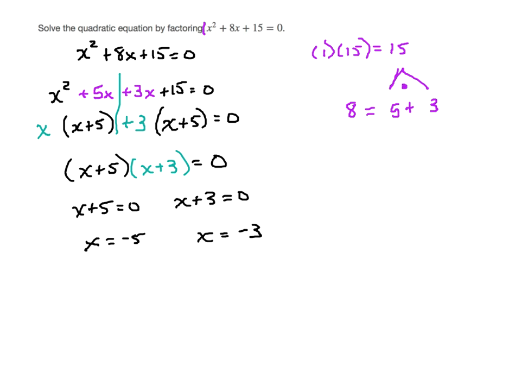That's just like, it's as if we had plugged in 0 for y. So that's why you get the x-intercepts when you solve a quadratic equation. You've always got to have your quadratic equations equal to 0 to solve them, unless you're using the square root property, which we'll talk about in a moment.